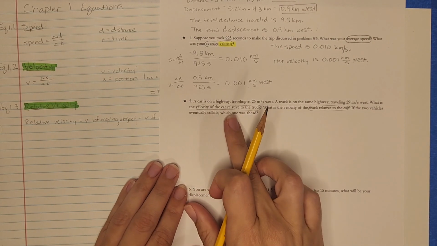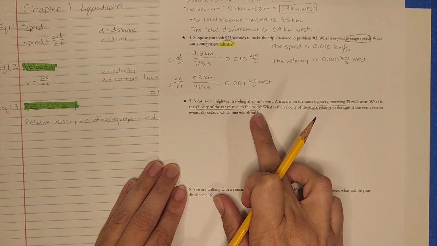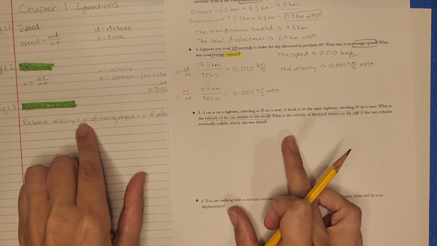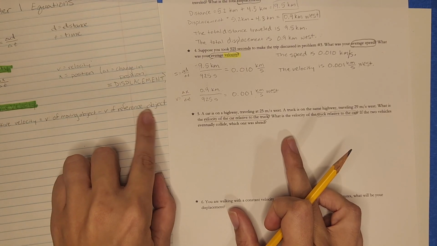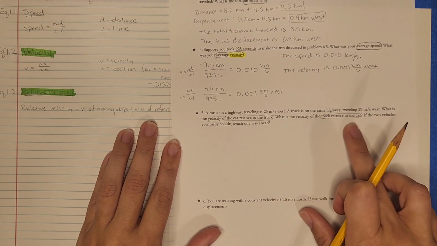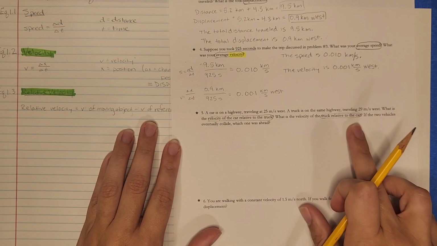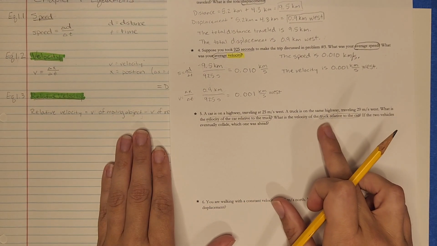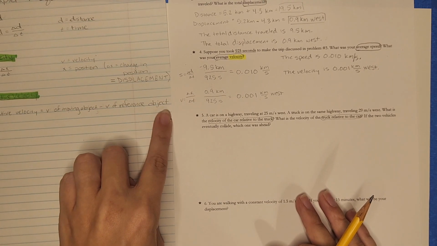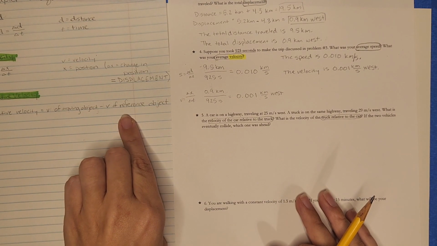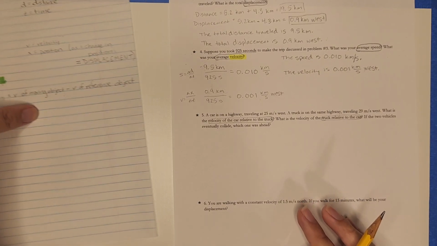Okay? And so in this first question, the car is going to be the moving object, and then the truck will be the reference object. In this second question, I'm just reversing that, okay? So what is the velocity of the truck relative to the car? The car is then my reference object in the second question, okay?